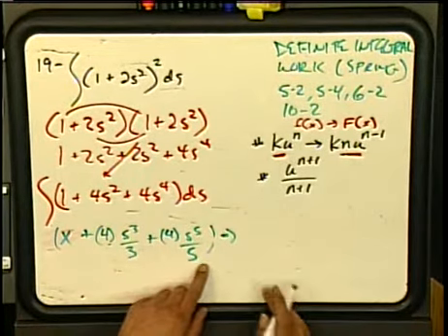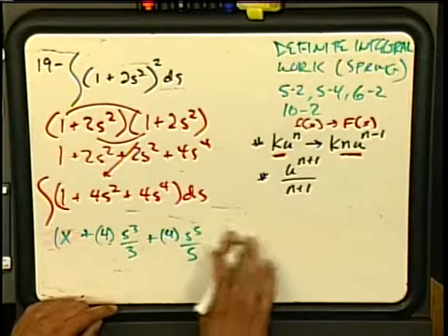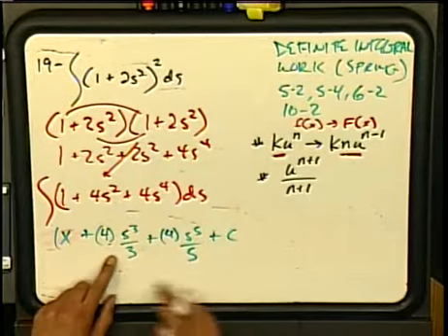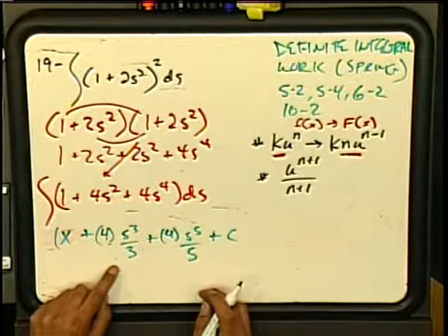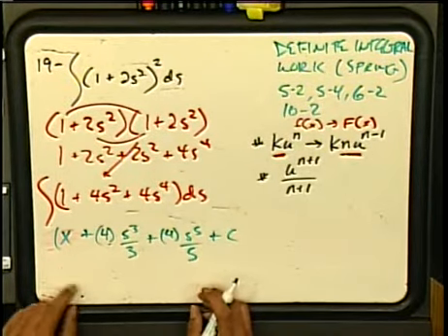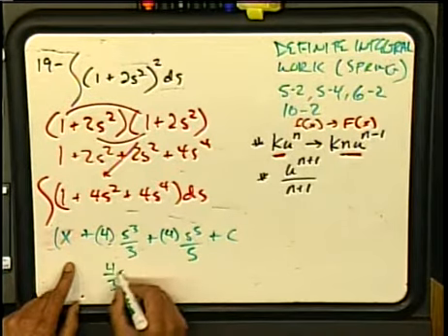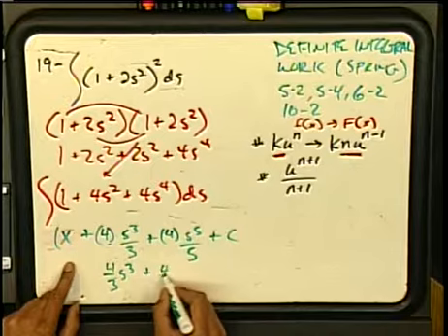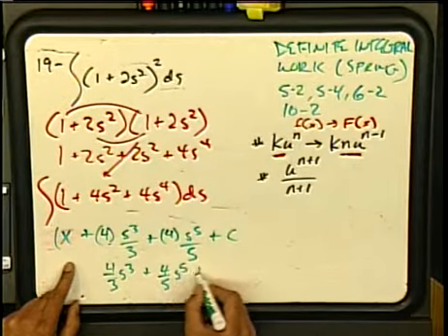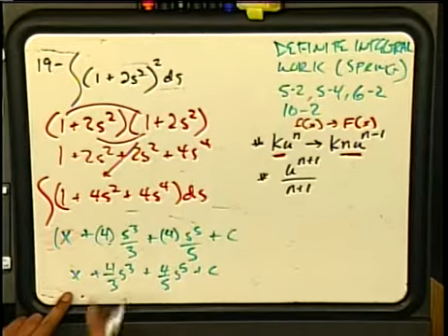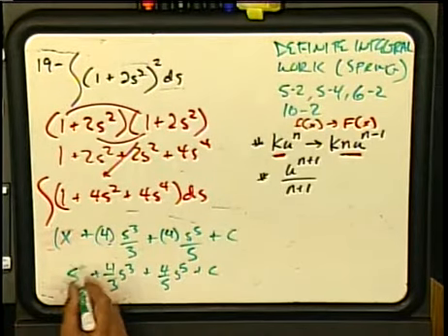And this is your answer, plus c. So you drop the ds. Well, you can simplify though. So it could be 4/3 s cubed plus 4 over 5 s to the 5th plus c. Plus x? It's s, not x.